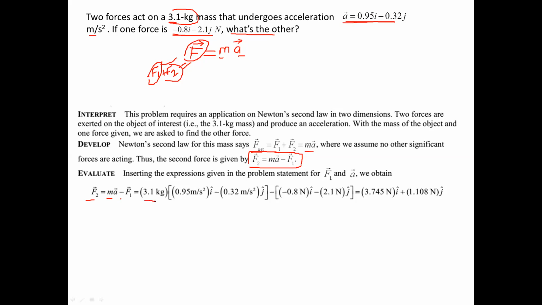Your M is 3.1 kilogram, here is the acceleration, and this is your force one. When you do this calculation, this will be your force two. The force two vector is here. If you want, you can calculate the magnitude and the direction of this vector. Maybe you remember from the previous class. Please do this on your own: calculate the magnitude and the direction of this force.